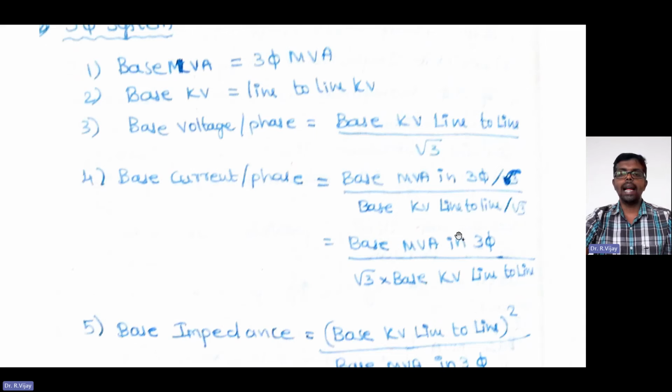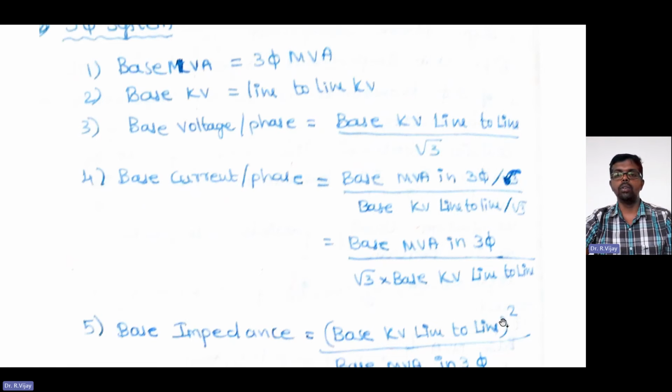Next, how to calculate the base impedance? Base impedance equal to base kilovolt line to line, the whole square, divided by base MVA in 3 phase, because we already calculated this base impedance. How do you know it is the whole square?